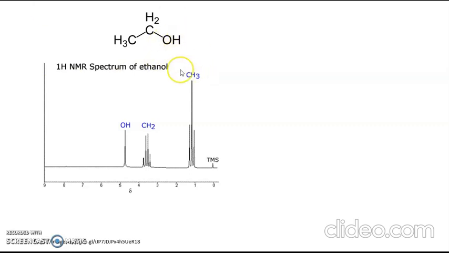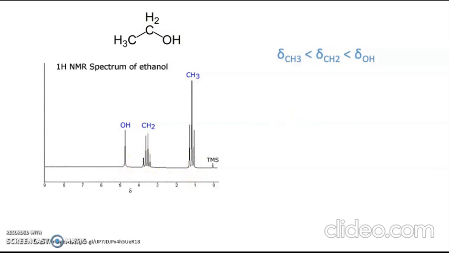In a similar way, for the OH proton, due to the electronegativity of oxygen, the bonded electrons are pulled towards oxygen, so the hydrogen proton is less shielded and needs a lesser magnetic field, so it moves downfield. So it has the highest delta value, then CH2, since it is nearer to OH, and then CH3. So the chemical shift value will be less for CH3 than CH2 and OH.